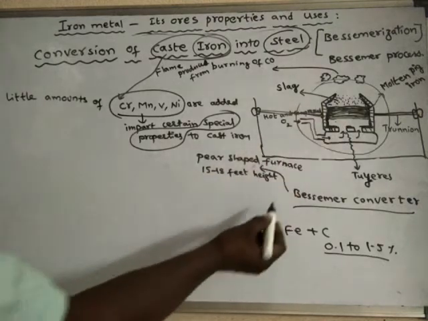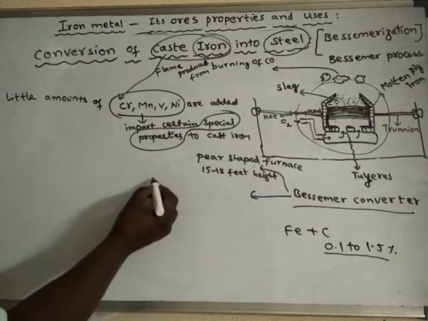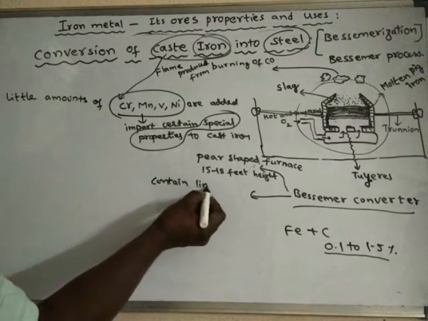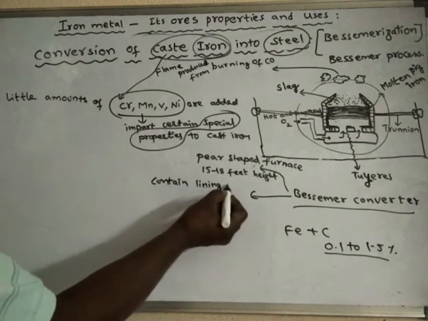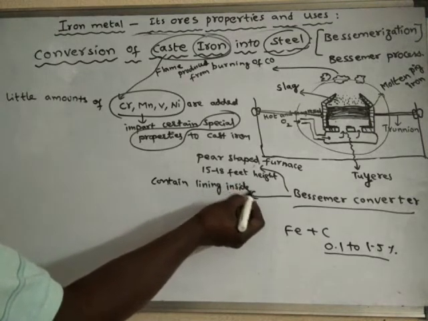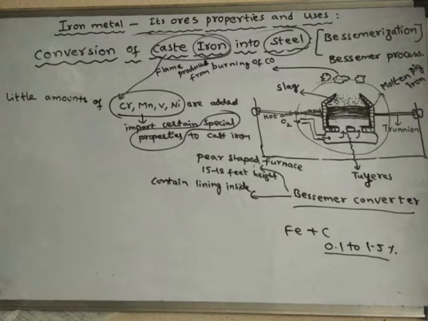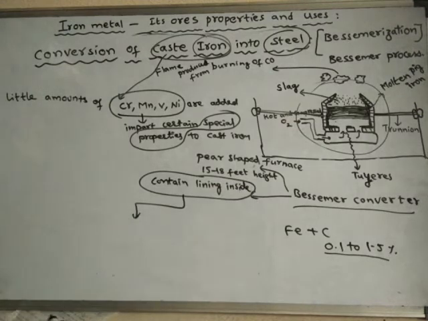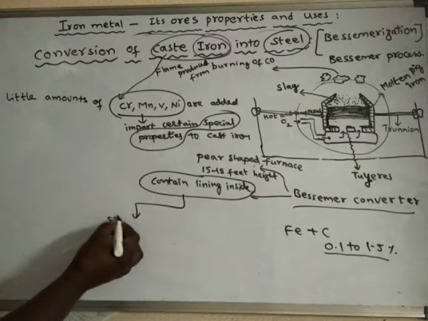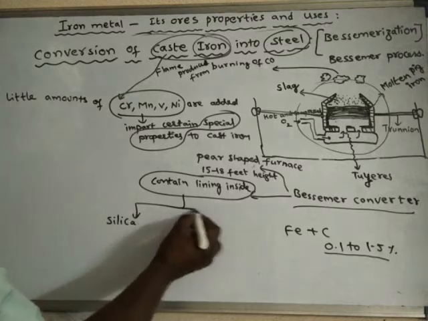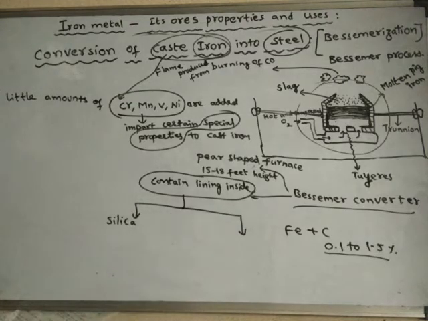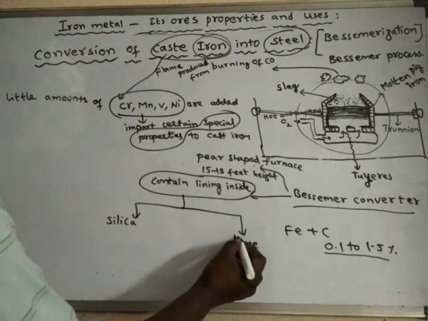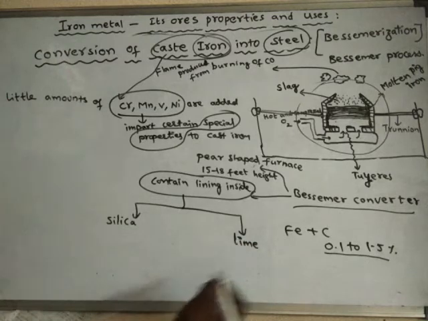The inner lining may be made up of either silica, or lime, meaning calcium carbonate or calcium oxide.